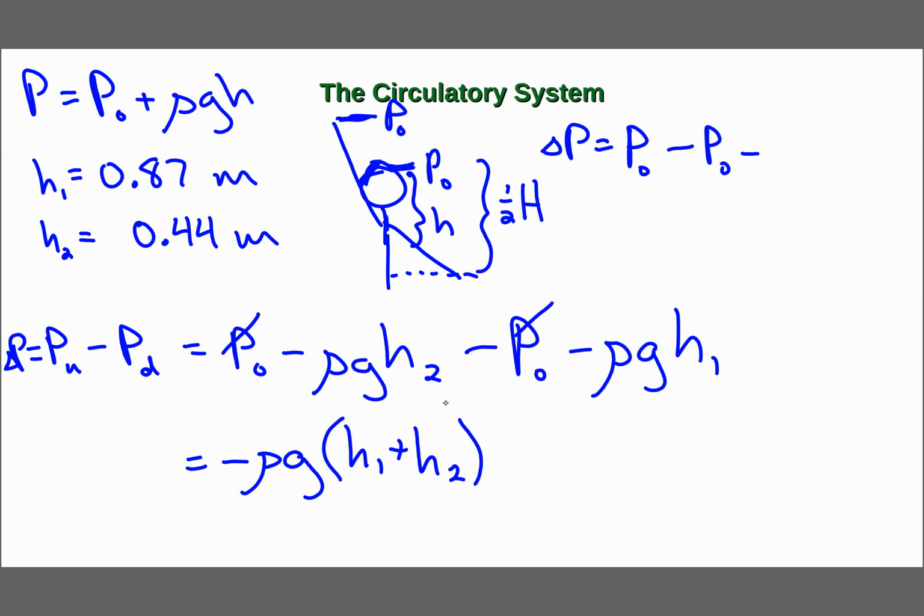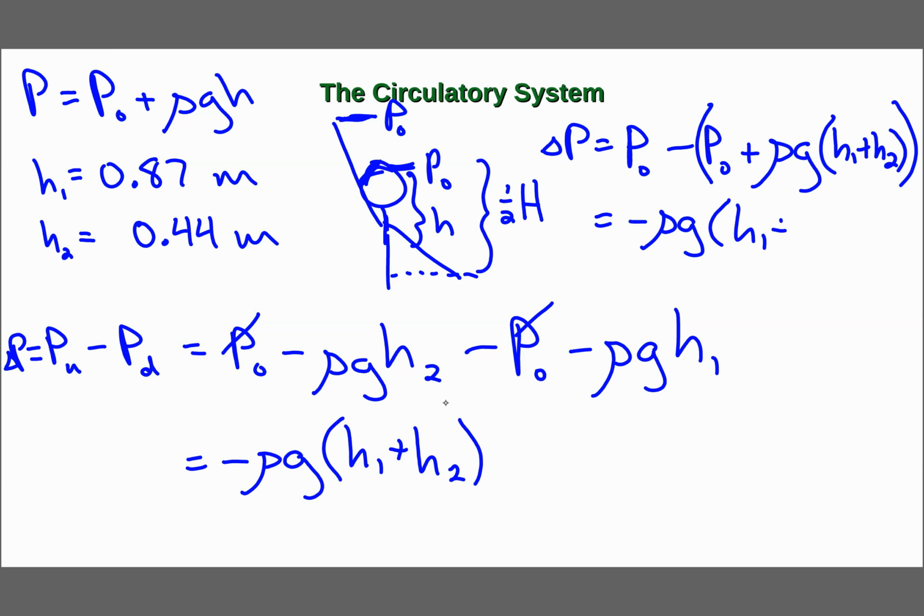And then remember, this is plus, so maybe I'll put parentheses around it and write it this way. P naught plus rho G. And then the distance that my hand is when it's down is H1 plus H2, right? And then that gives us the same answer, minus rho G, H1 plus H2, okay?